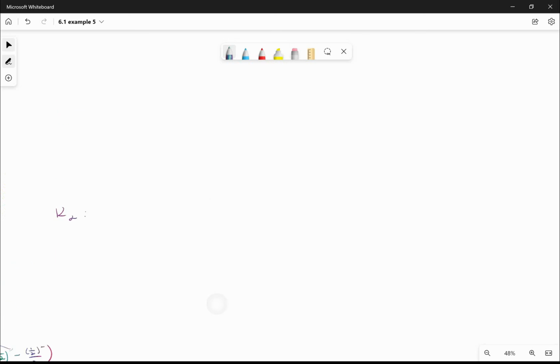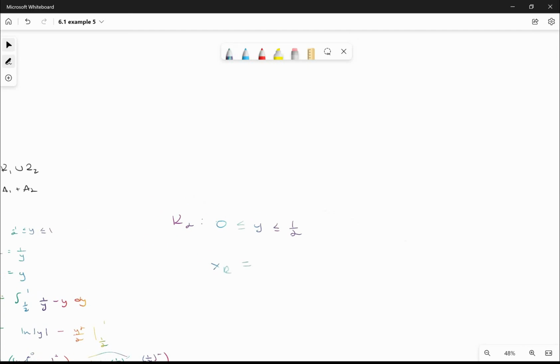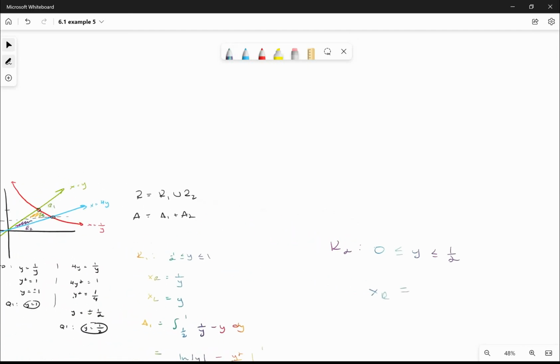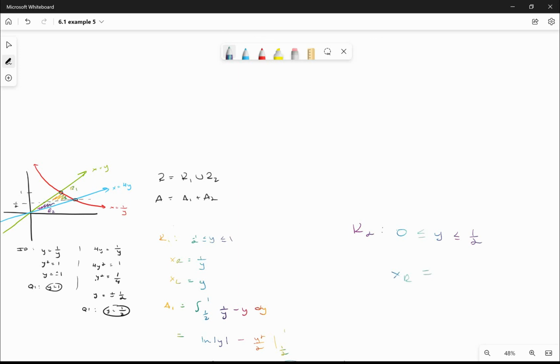Then we want to say what is our xr and what is our xl, the right function and the left function. Going back here, looking at this bottom region, the right function is the blue one, so xr is equal to 4y. And the left function is x equals y, so xl is equal to y.